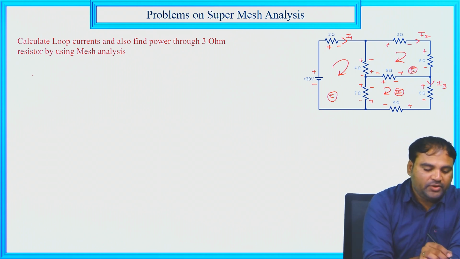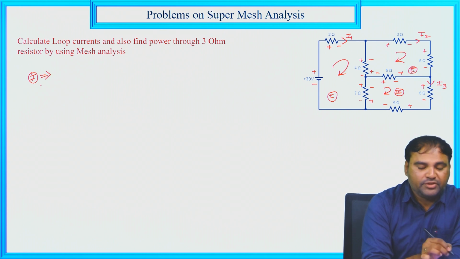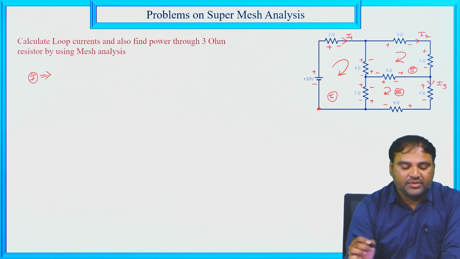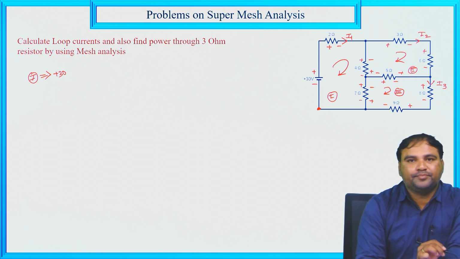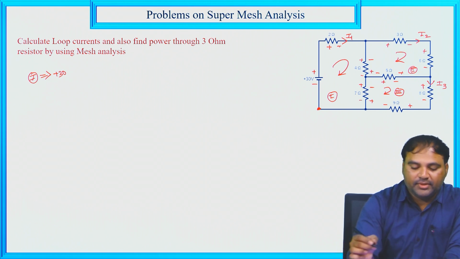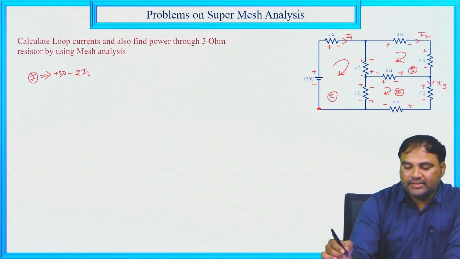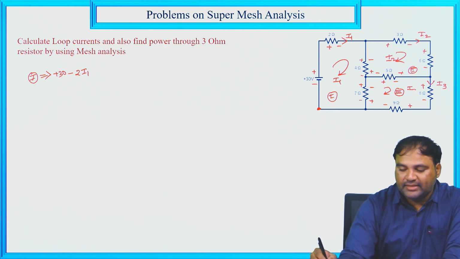Okay, so now I am applying the KVL here. First loop current, so I am starting from this point. When I am starting from this point, always we need to take the second polarity, that is plus 30. Next at 2 ohm minus 2I1. Next at 4 ohm, in terms of I1. So first loop current is I1, second loop current I2 and the third loop current is I3.